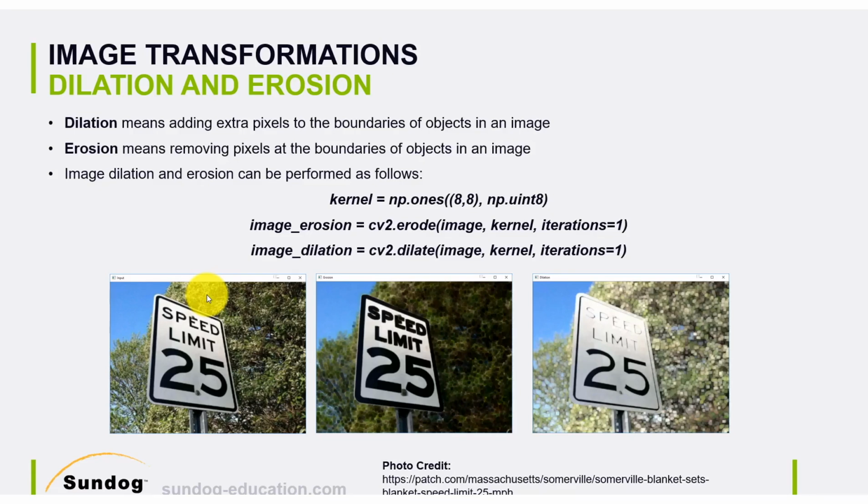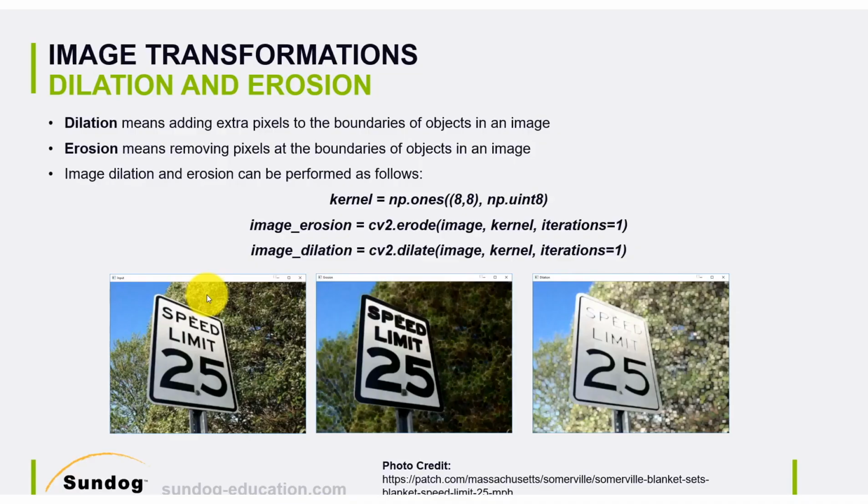So you can perform dilation and erosion to make the training algorithm and the trained network classify traffic signs a little more accurately. Again, it's a transformation of the images that you could do. So how can we perform this? First of all, you define the size of a kernel. I'm going to show you as well how we can change the kernel size.